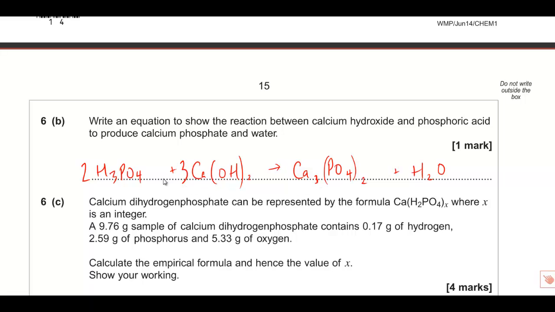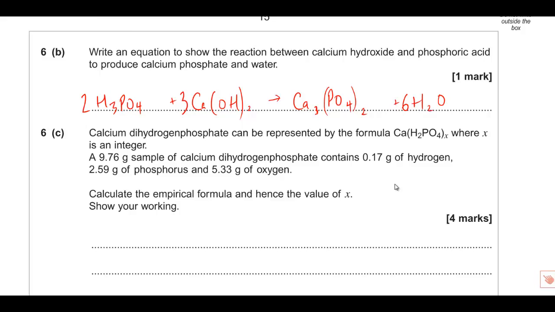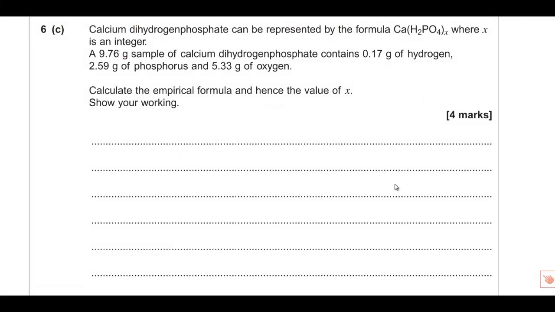That's fairly important. That now gives us 6 hydrogens there, and 6 more there, so we're going to need a 6 here to balance that up, and that is balanced. Nice.